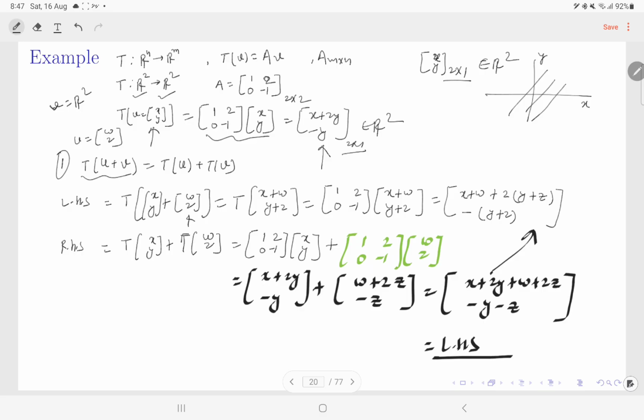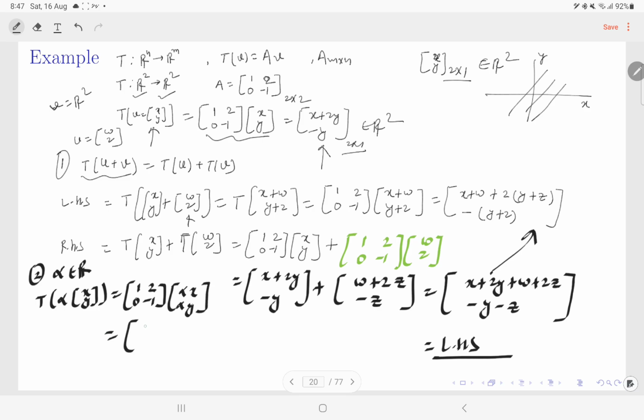What about the second property? Let's say alpha is coming from your field, then T of alpha v, which is (x, y), can be written as [1 2; 0 -1] times (alpha x, alpha y). How can you write this? This will be alpha x plus 2 alpha y, minus alpha y.